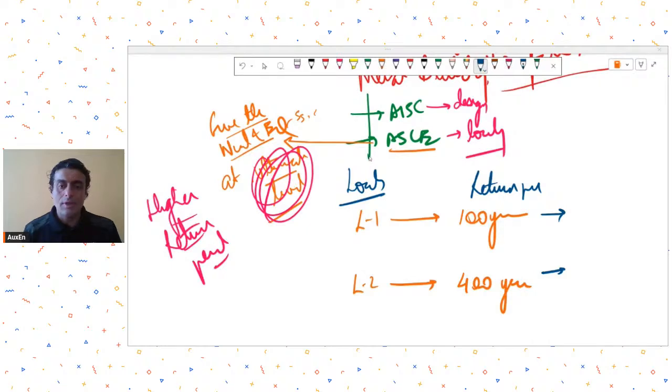So if it is less probable to occur, it has more intensity, because events which happen with regularity, especially in cases of wind and seismic, have a lesser magnitude as compared to an event which has a very low probability to occur or a very, very high return period. It will have a higher magnitude. Is this point clear, first of all?